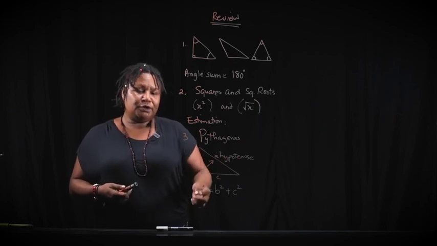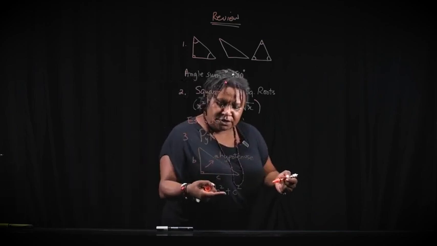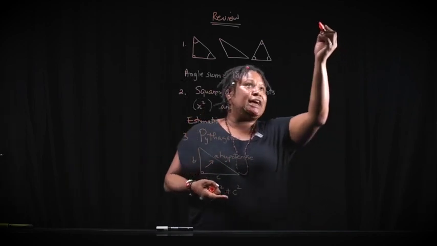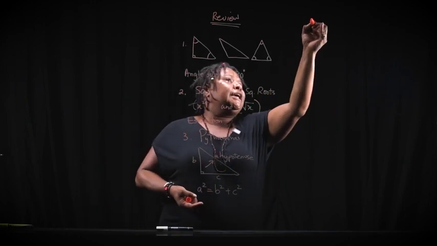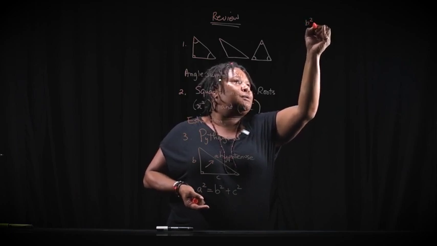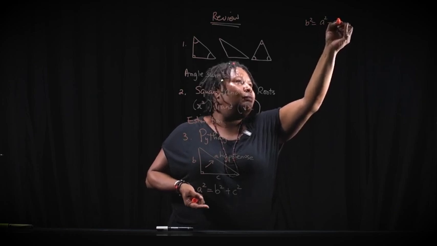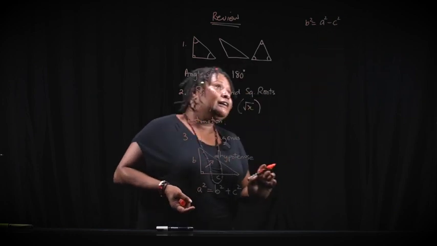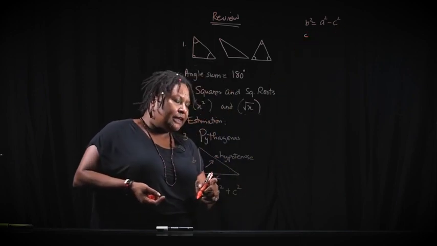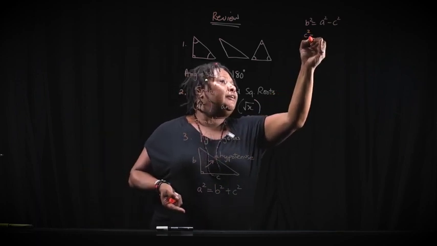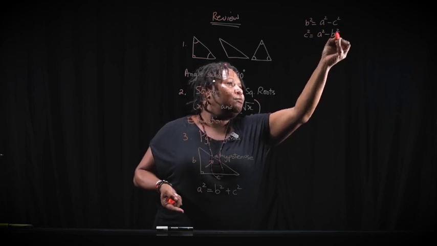Not only can we use this formula to find the hypotenuse, we can also use that formula to find the short sides. If I were to find b, then I would use b square equal to a square, which is the hypotenuse, minus c square. If I wanted to find c, I would have c square equal to a square minus b square.